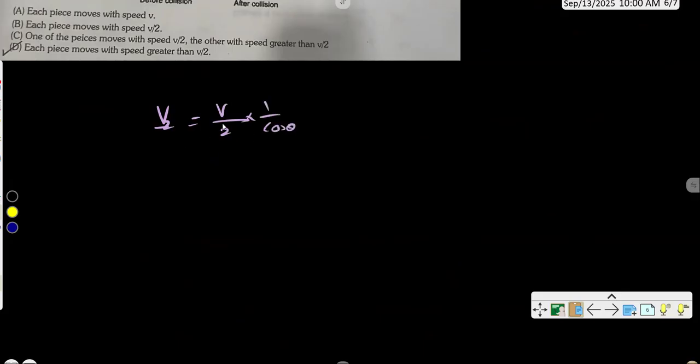As cos theta is less than 1, it will go and multiply in the numerator. So definitely v2 will be greater than v by 2. That means the answer is the fourth option: each piece will move with a speed greater than v by 2.